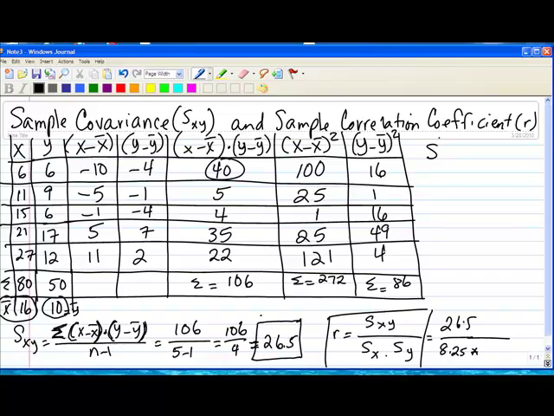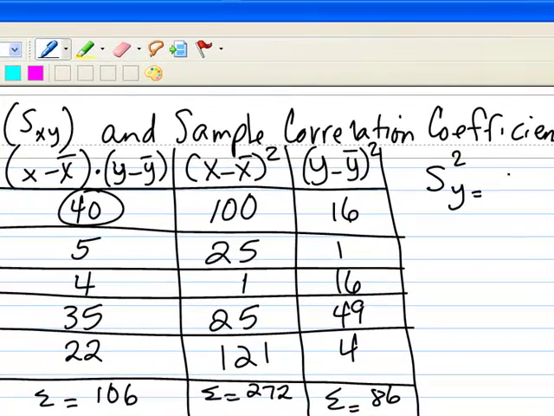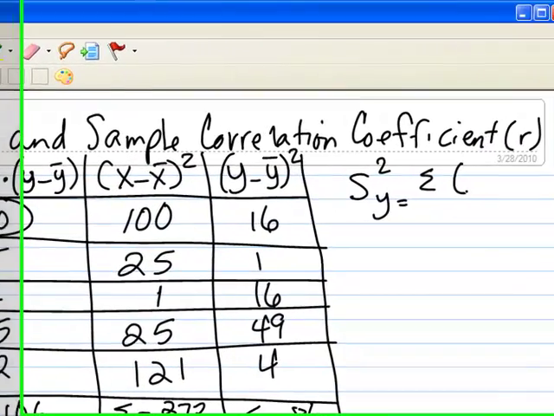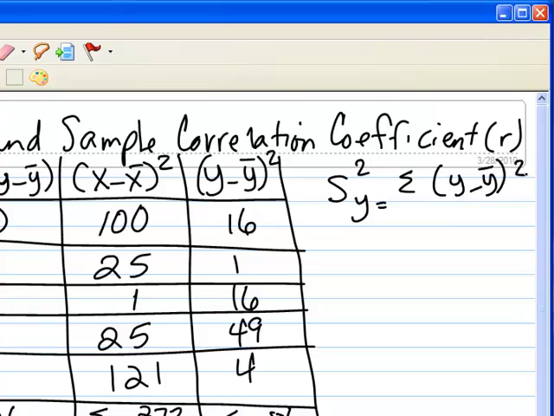The variance for y is the summation of the y minus y bar column squared divided by n minus 1, which in this case is 86 divided by 4, which happens to be 21.5.